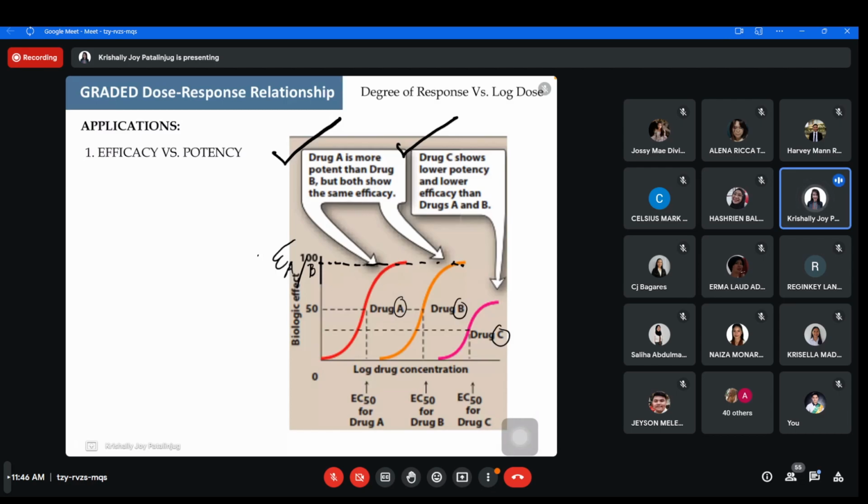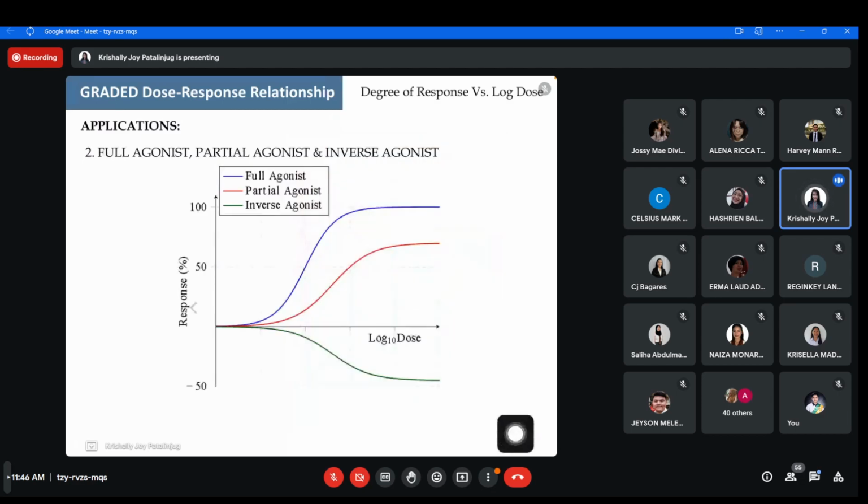Sige. Another application of the graded dose response relationship is in comparing the responses of agonists, different types of agonists, may it be full, partial, or inverse agonist.